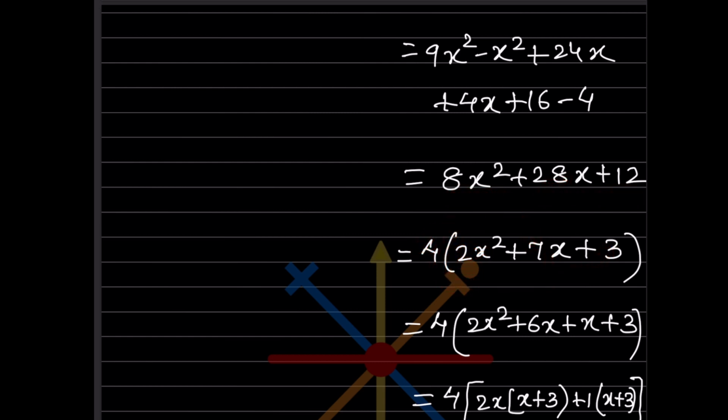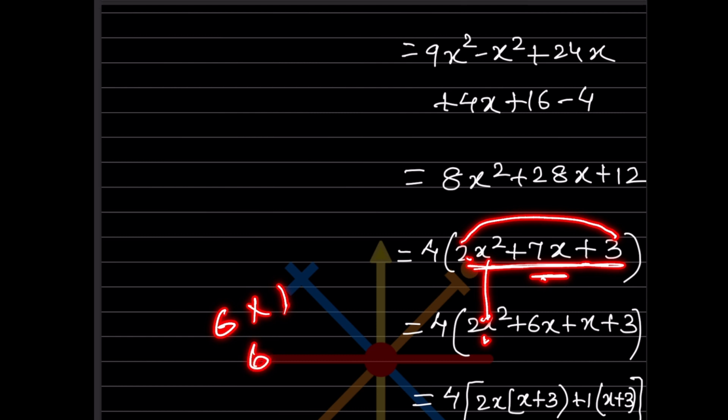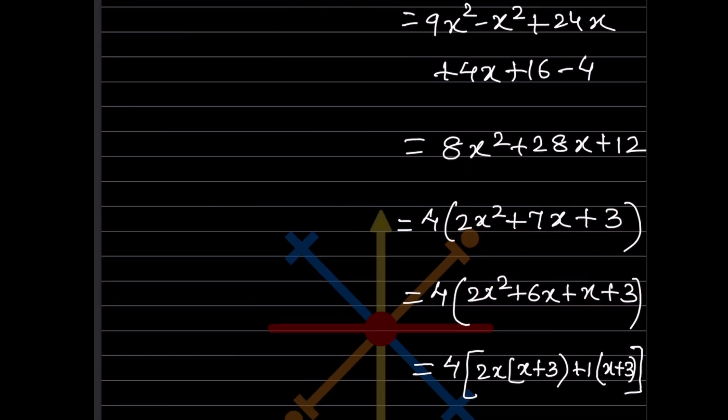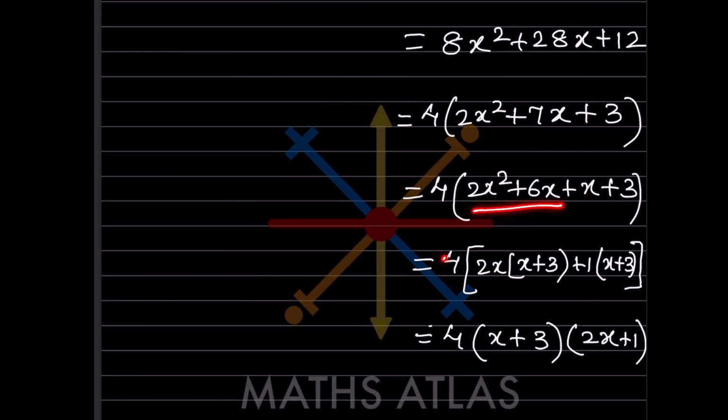Now this is a quadratic expression. For the middle term, you take the factors and arrange them so that you get 7. 2 times 3 is 6, and 6 ones are 6, so 6x plus x gives 7x. Now make it into 2 groups, keeping 4 as it is.